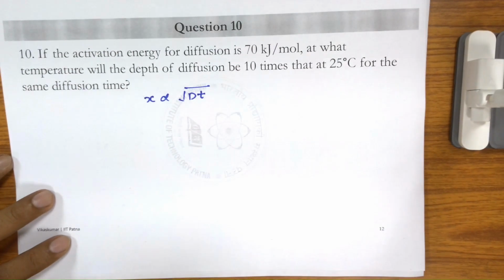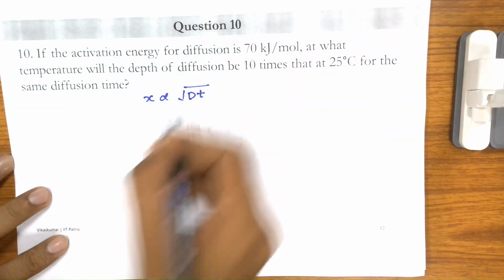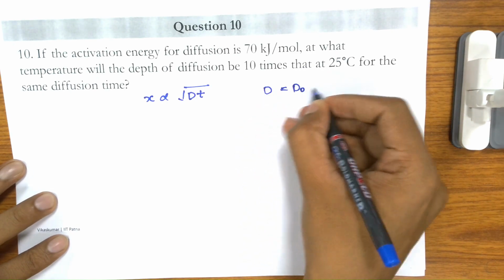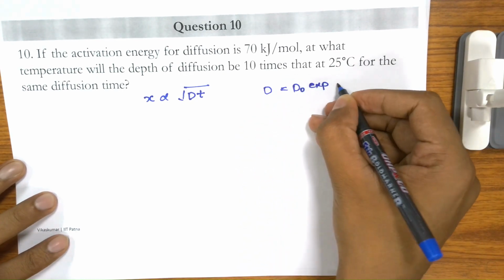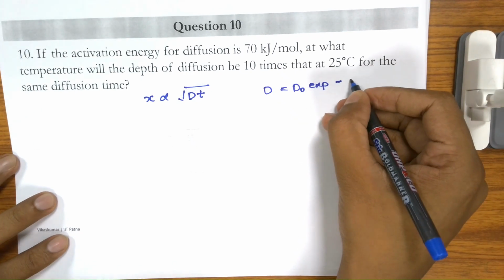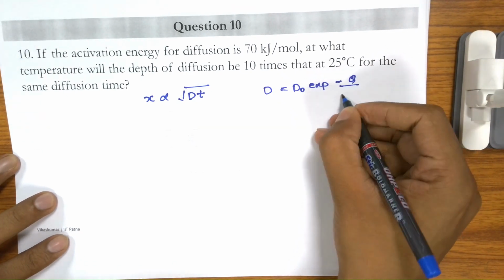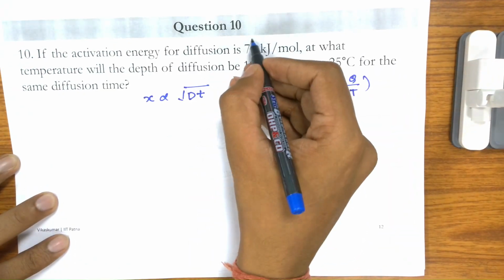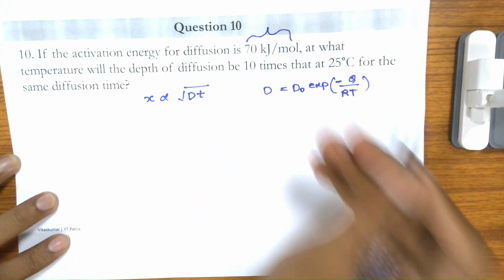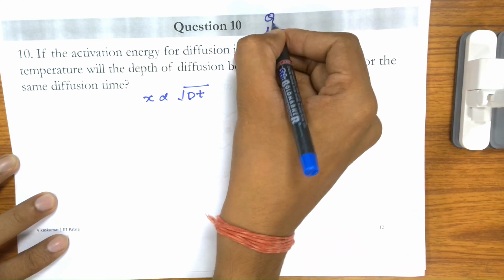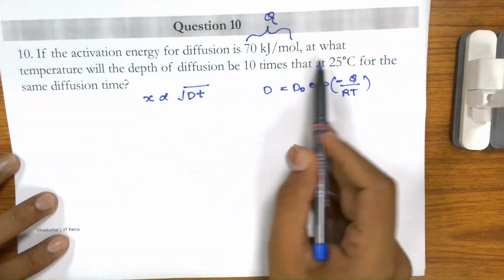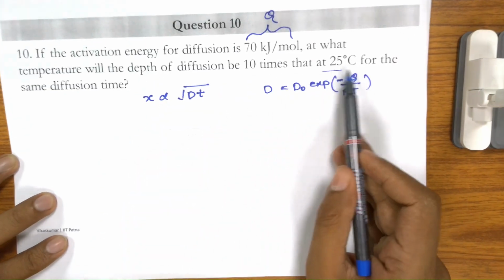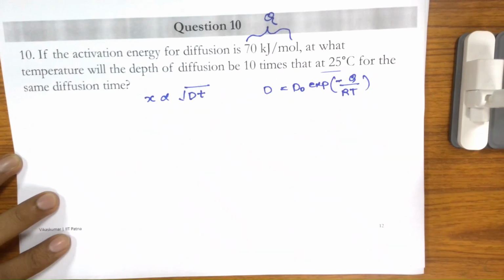Now D, we know that D is equal to D naught exponential minus of Q over RT. So 70 kilojoule per mole is given to us. It's the Q value, the activation energy. At what temperature will the depth of diffusion be 10 times that at 25?